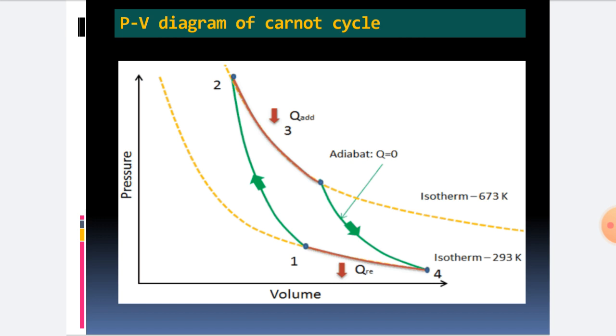In the third step, reversible isothermal compression, the cylinder is removed from the insulating jacket and is placed in contact with the sink, the gas being at the same temperature as that of the sink. The gas is compressed reversibly under isothermal conditions till the volume of the gas becomes V4.